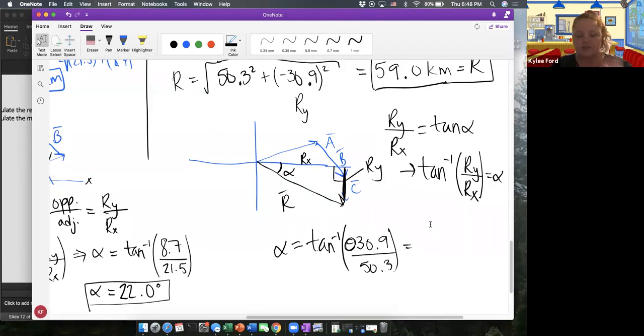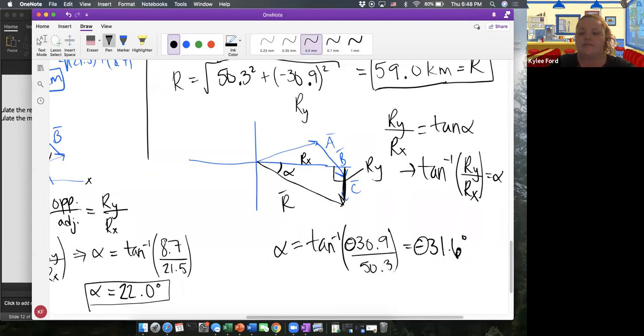We input negative 30.9 divided by 50.3 into our calculator, and we get a negative 31.6 degrees. So that is our alpha right here, negative 31.6.